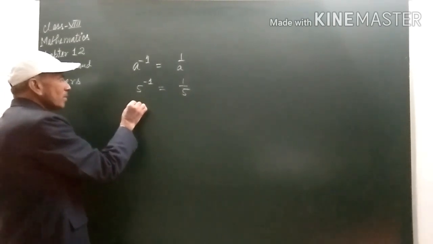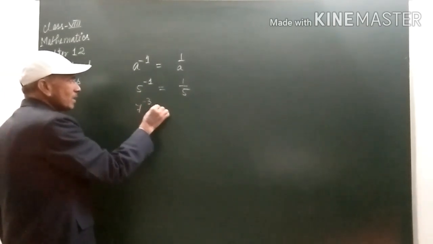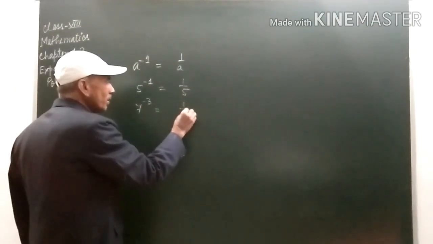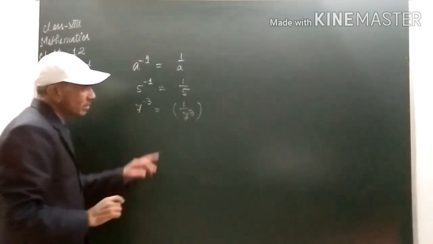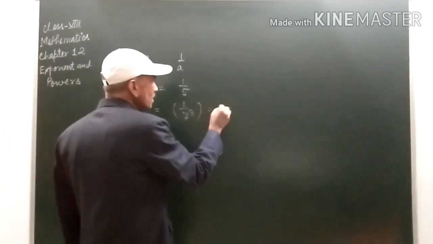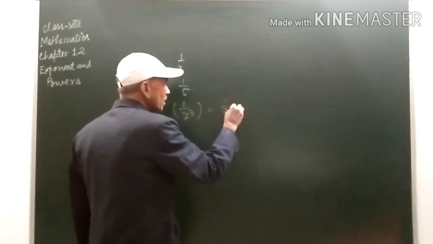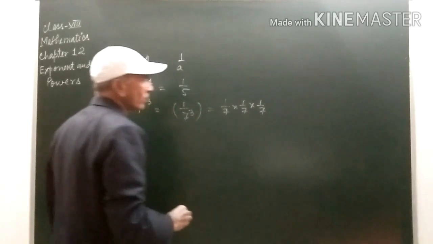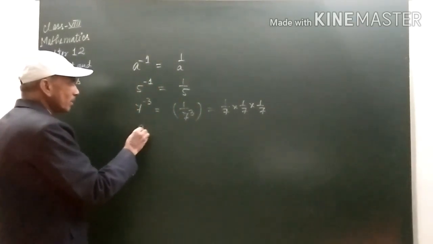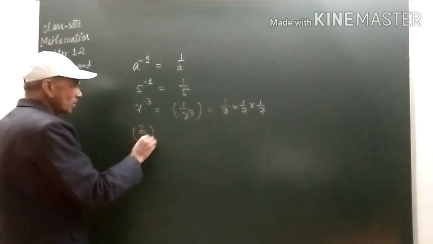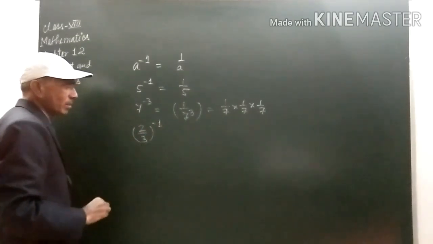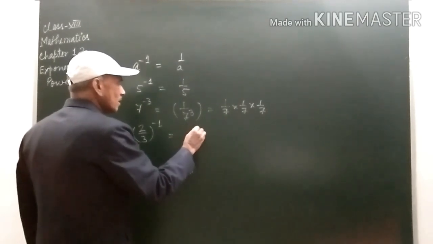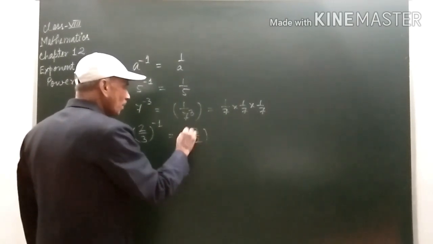Just like 7 to the power minus 3 means, students, 1 upon 7 to the power 3. Clear students? This means 1 upon 7 into 1 upon 7 into 1 upon 7. And if there is a number 2 by 3 to the power minus 1, so students, we can write this as 3 by 2 to the power 1.